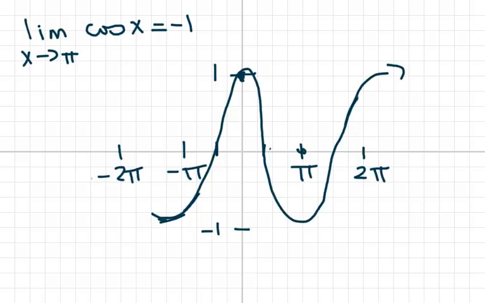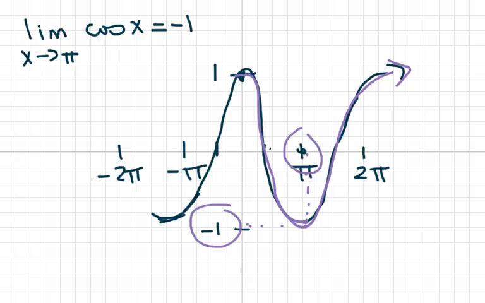That's okay. We're looking at pi, and this definitely is not a very good graph, so I'll make it a little better. Let me go down a little further. All right. As we approach pi, we can draw our line to our y value, and we get -1. Again, we're approaching from the right side and from the left side, and we still get -1.